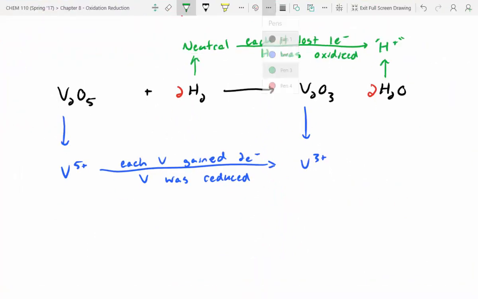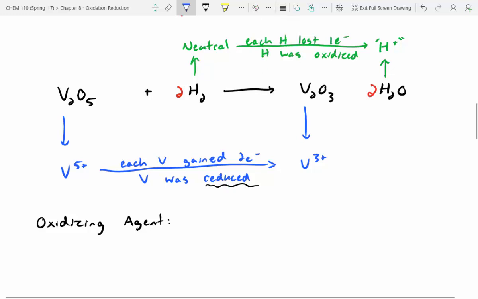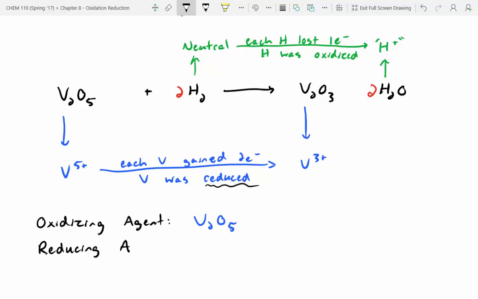Okay, so let's go back, take a look at this. What's our oxidizing agent? So our oxidizing agent must have been the thing that was reduced, right? So in this case, our oxidizing agent must have been that V2O5. And then if we look at the reducing agent, our reducing agent must have been what?